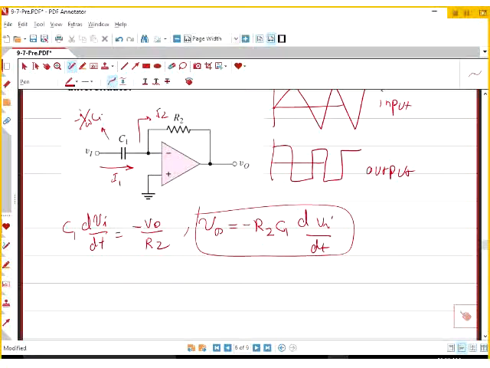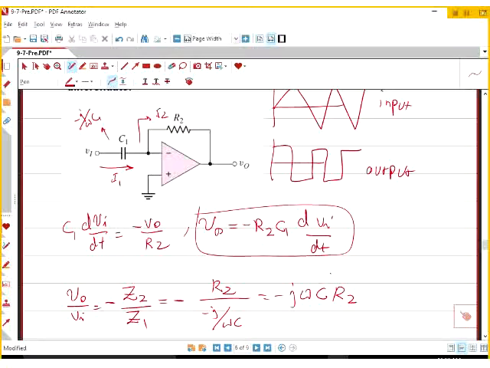and I use just the general formula, so VO over VI is in general, let's call it, minus Z2 over Z1. Z2 in this case is R2, Z1 in this case is minus j divided by omega C, and that is j omega R2 C. That's your gain too.